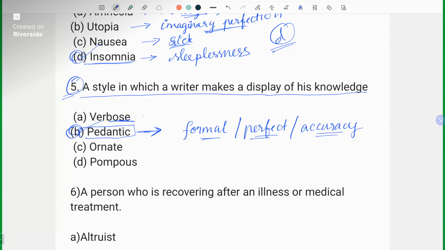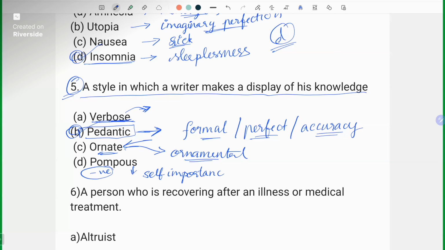Verbose means very talkative, using more words than necessary in speaking or writing. Ornate is close to ornamental, meaning decoration. Pompous means very proud, full of self-importance. It is actually a negative term: very proud of oneself, very selfish.